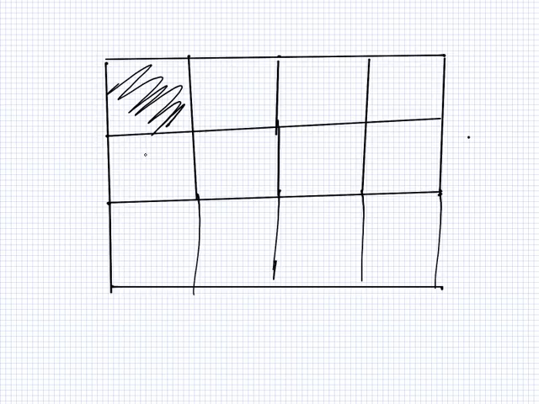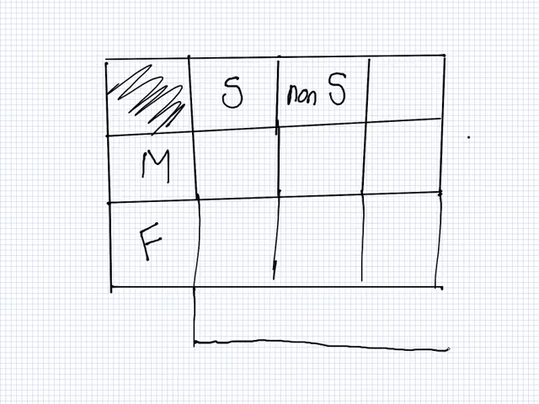So for example here, male, female, smoker, and then non-smoker. Actually, we'll just start with 2 to begin with, rather than with 3. Yeah, we'll just leave it with 2, but I'll put an extra one in here. Okay, so this table is just a collection of information.